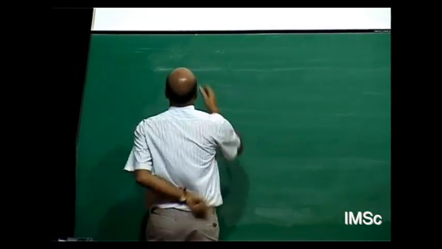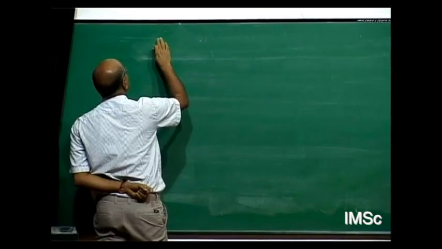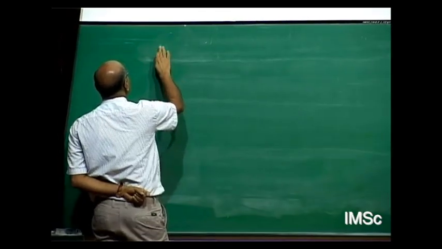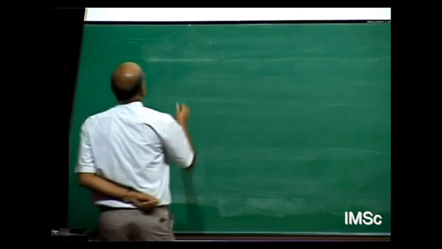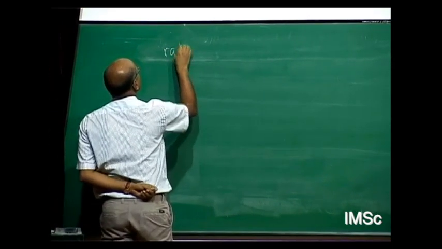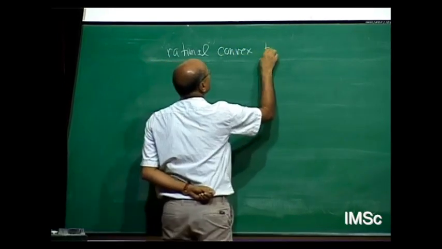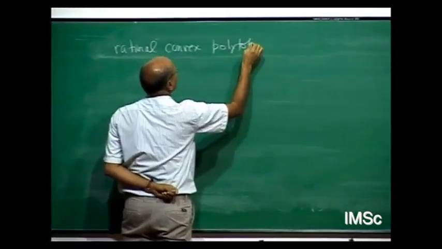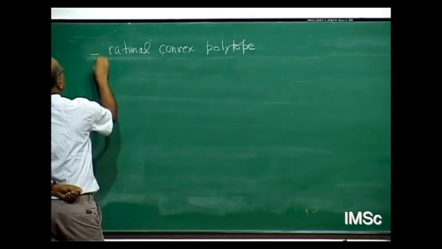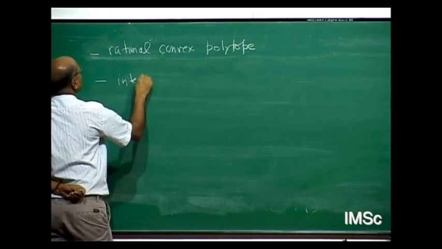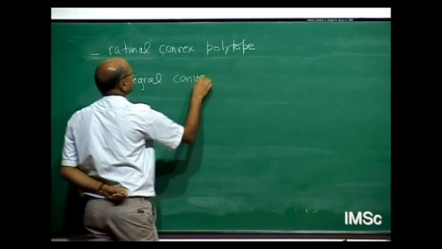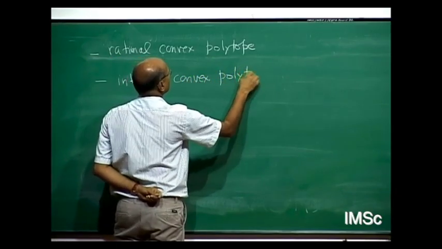Okay, so the next notions that I want to bring to you are from what is called convex geometry. And these are like first notions one encounters. So there is a notion of rational convex polytope. So I will just write the words integral convex polytope.